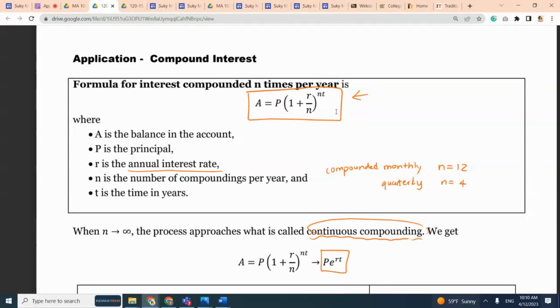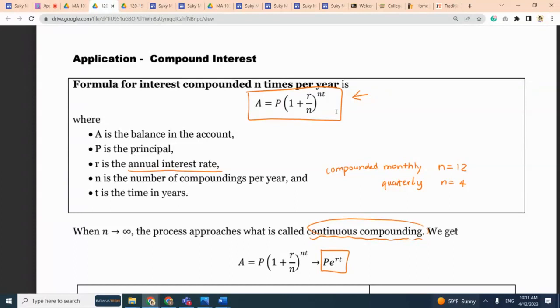So therefore, you get P times (1 plus r) to the power of 2. Therefore, for t years, instead of 2, you get (1 plus r) raised to the t. Is that okay, everybody? So this is when we have compounded once per year.